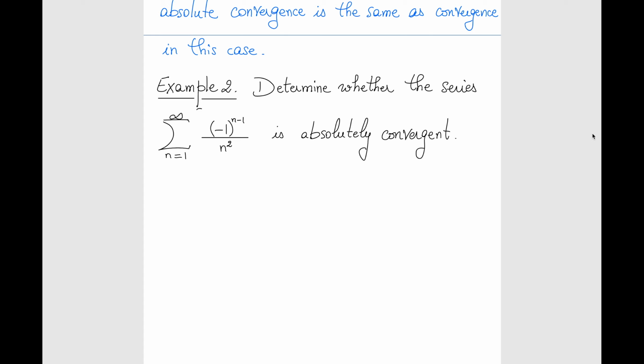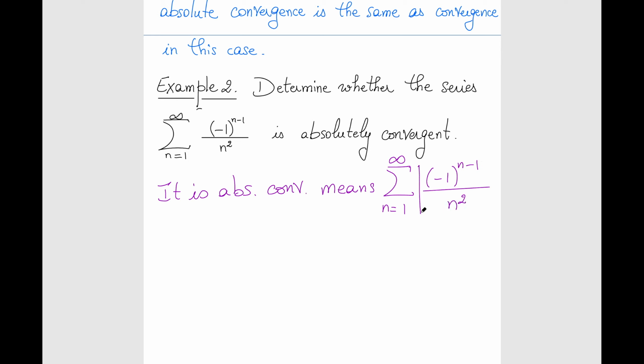Well, for this to be absolutely convergent means that this series with the absolute value now is convergent. Makes sense? By definition, this is just the definition.